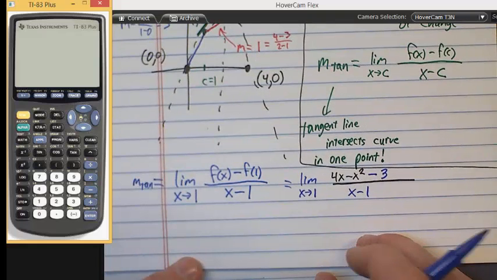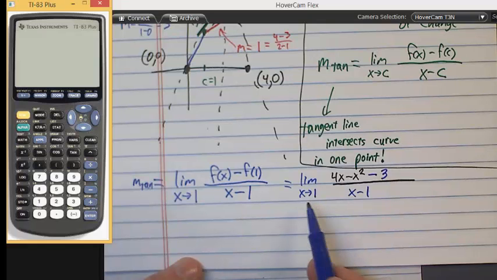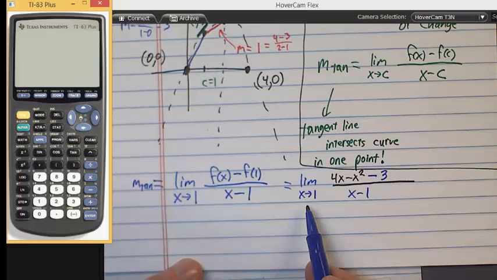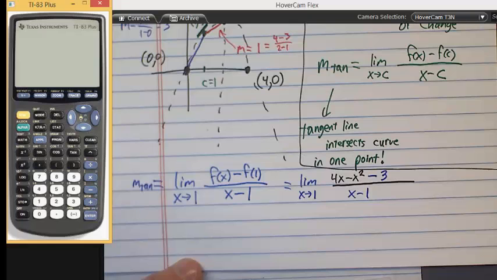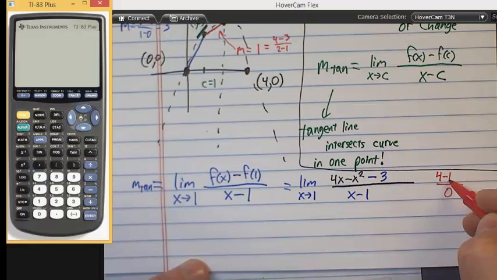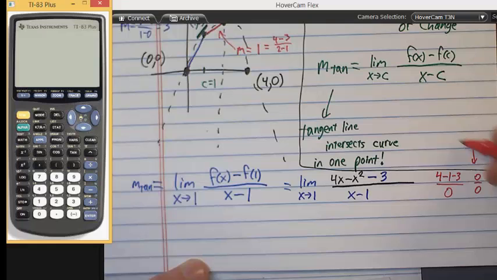By the way, if you were to plug in a 1 right now for x, what would happen? It would not exist. Why do you say that? Because the denominator would be 0. How many agree the denominator would be 0 at that point? But what would the numerator be if you plugged in a 1 right now? 0. 4 minus 1 minus 3. 0 over 0 is what we called indeterminate.